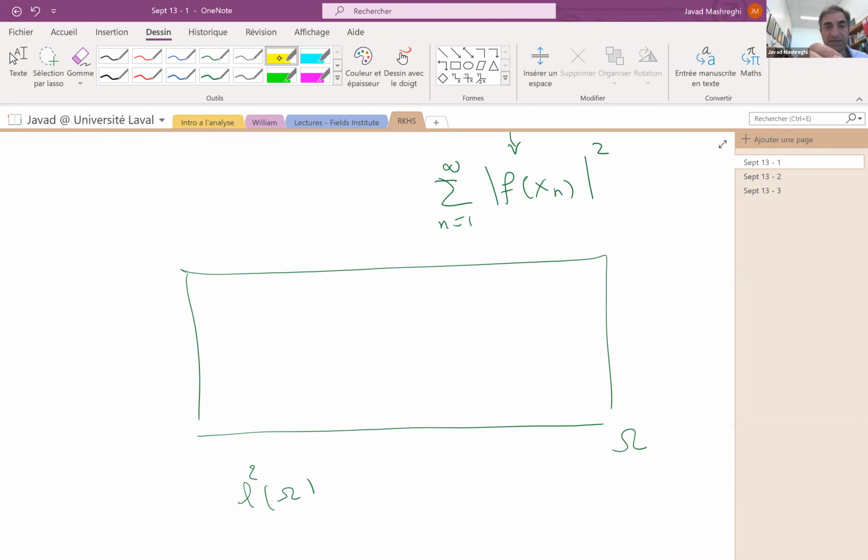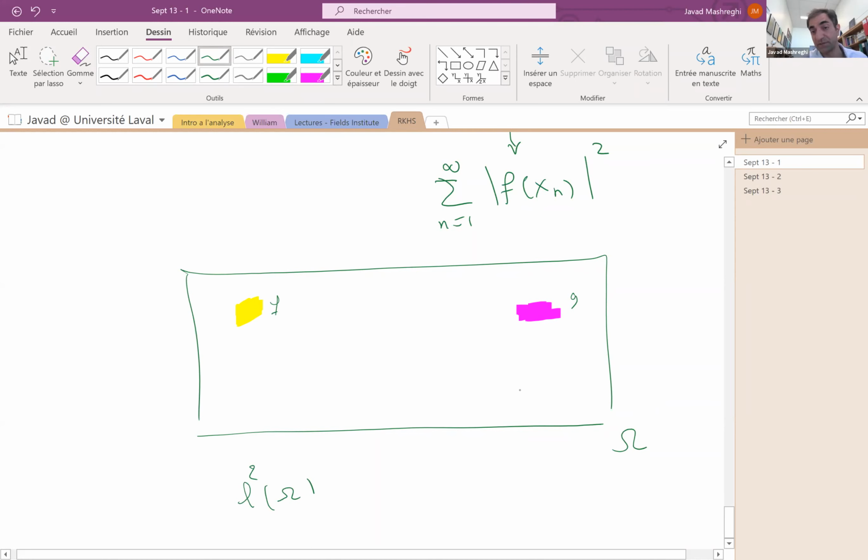Well, there is a countable set here, which is the support of the function f. And there is another countable set here, which is the support of the function g. This means that the function f lives on the yellow part, and on all other parts is equal to 0. The same is for the function g. Of course, there can be some intersection. For example, function h can live on this neighborhood.